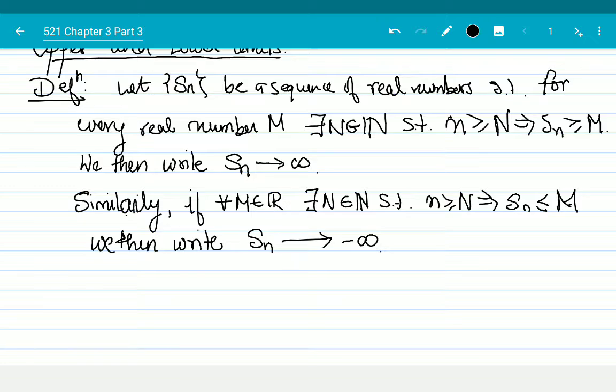Some people just like to say converges if there is a number that it's converging to, so even if it's infinity, it's fine. You'll see that there are benefits to each of these. I might perhaps use it interchangeably. Feel free to use whichever method you prefer.